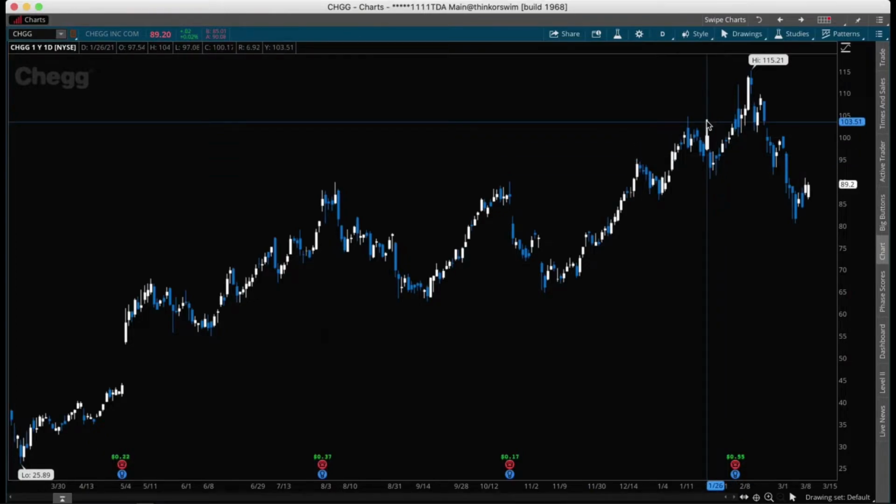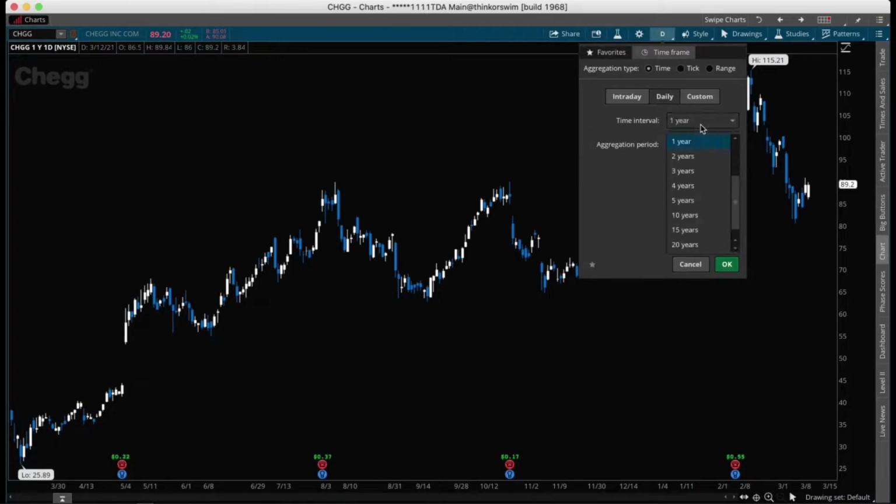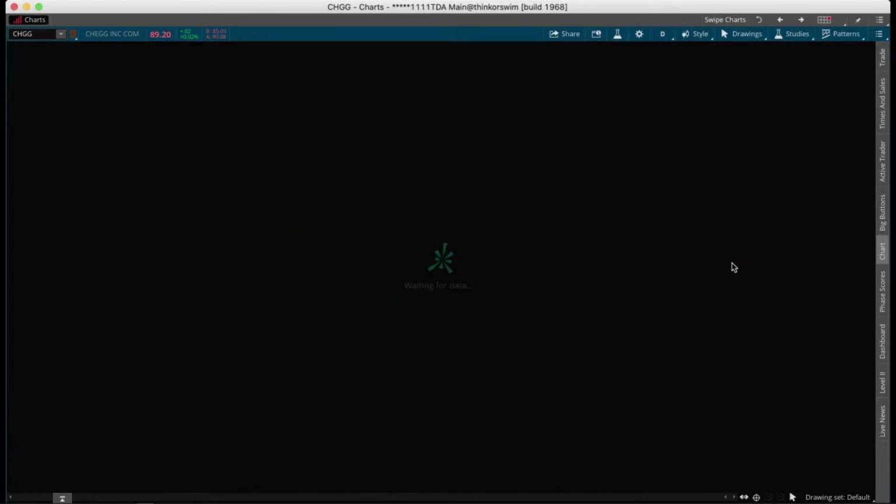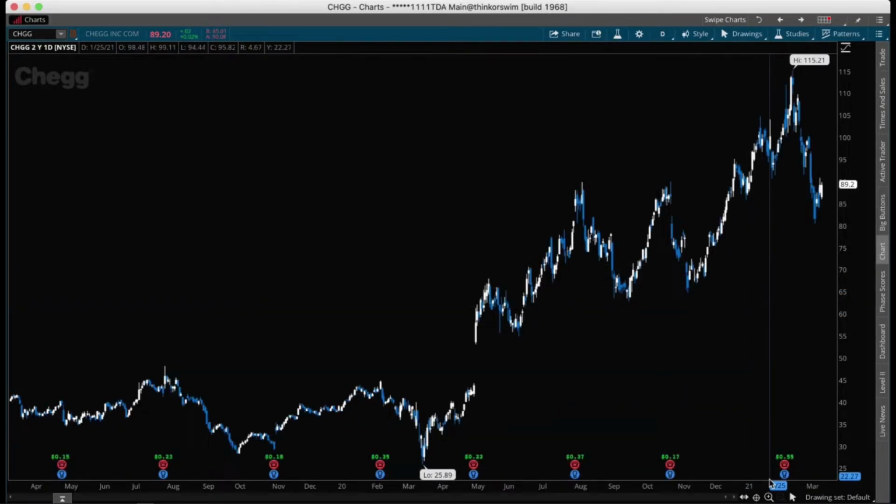The way I draw my support and resistance lines is I will start at the daily chart. This is the highest time frame that I'll go. Sometimes I may go to the weekly chart, but for the most part, the highest I'll go is daily. So I'll go 2 years on the daily chart just to give me some more price action to look for.